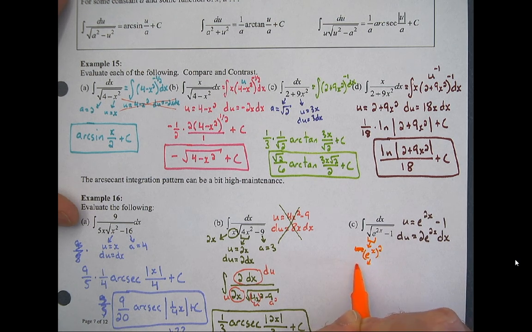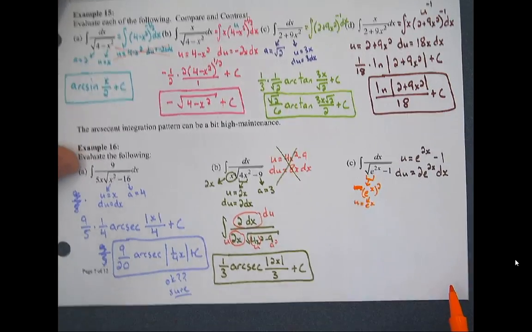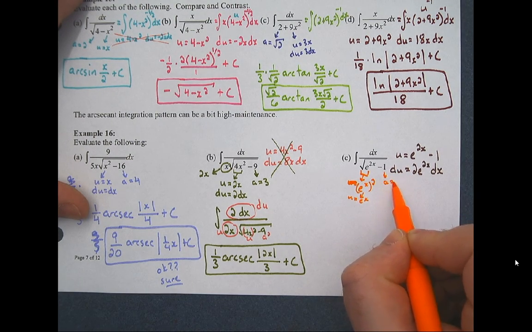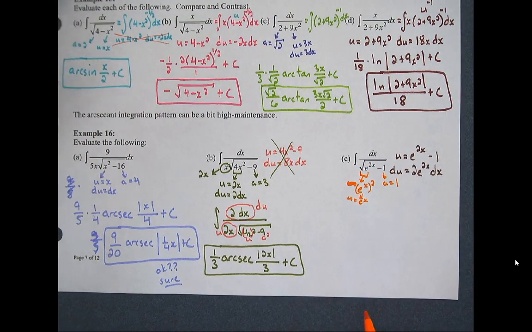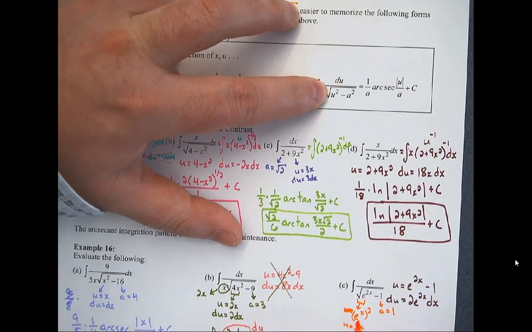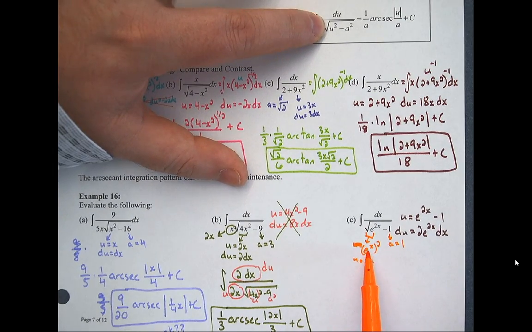U is e to the x. And then a, what squared makes 1? That's 1. So now I've got this idea of what u is supposed to be. U is supposed to be e to the x, but I'm also supposed to have an e to the x here. I'm supposed to have another e to the x here.